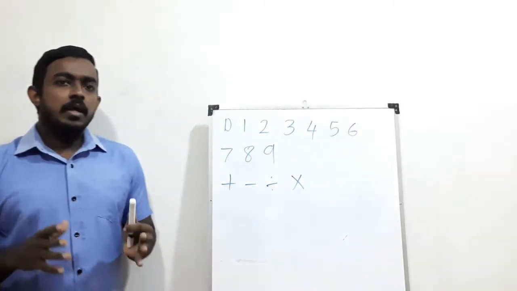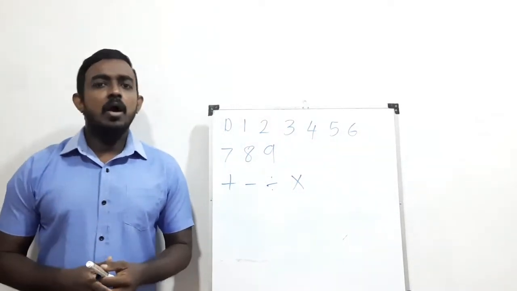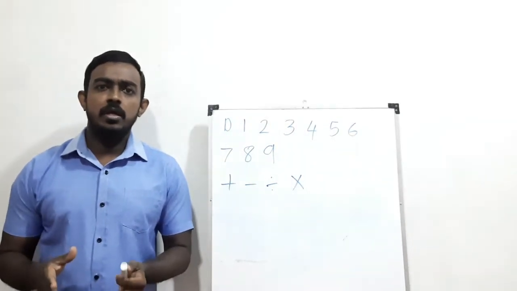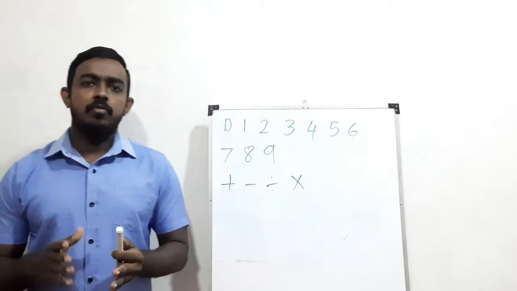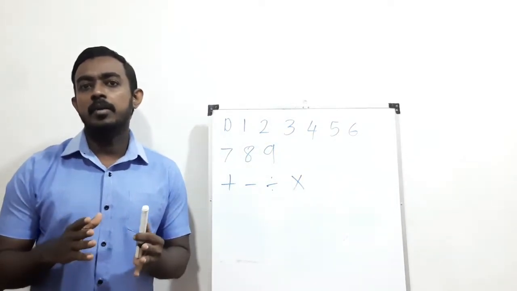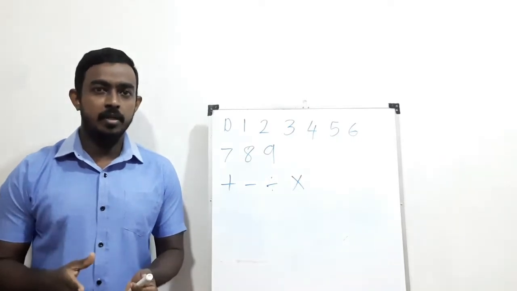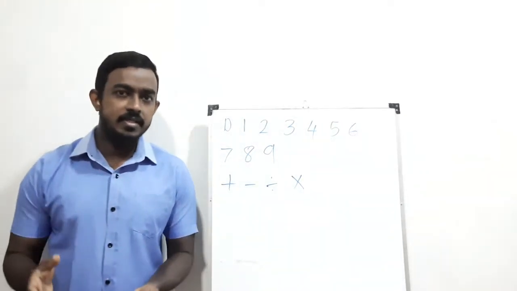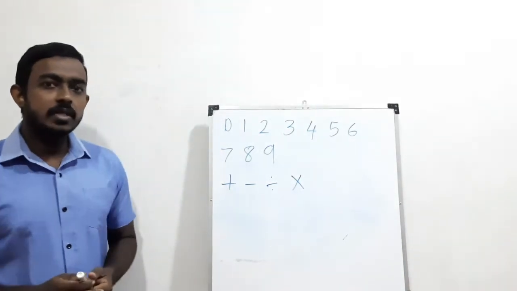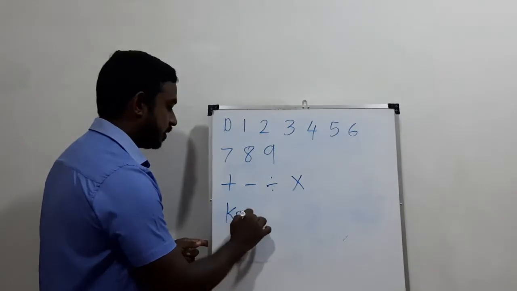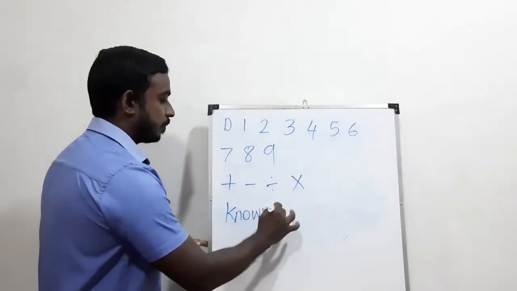Now, in this lesson, we are going to learn about unknowns. What are these? If I ask you how many family members are in your family, you can give me an exact number. Those are known numbers.